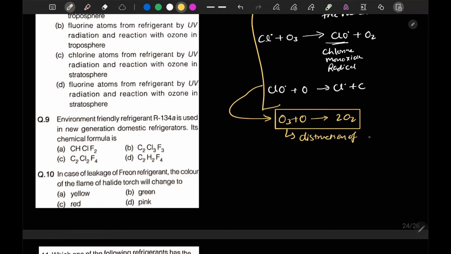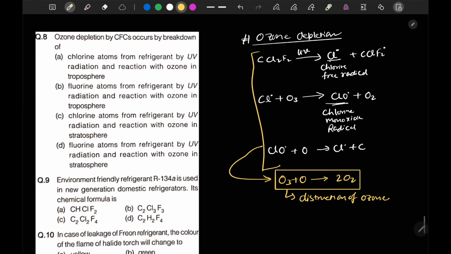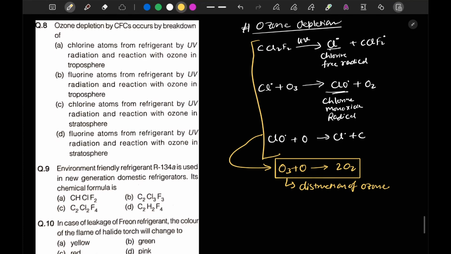So let's see which option is correct. Chlorine atom from refrigerant by UV radiation and reaction with ozone in the stratosphere. And why in stratosphere? Because our ozone layer is in the stratosphere. Okay, so option C should be correct.